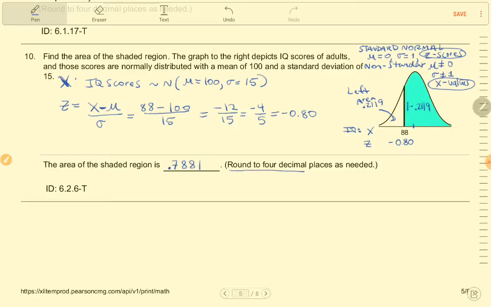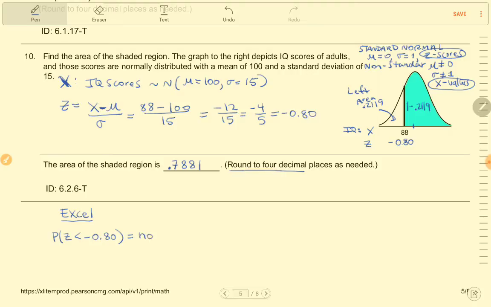Okay. The other way that you can check your answer here, and I say check your answer because I'll ask you for at least one problem to show me that you know how to convert to a z-score so you can use the z-score table. But we do have the ability to check our answer using the normal dot distribution. So in Excel, to check my answer with a z-score, I'd say the probability that z is less than negative 0.8.